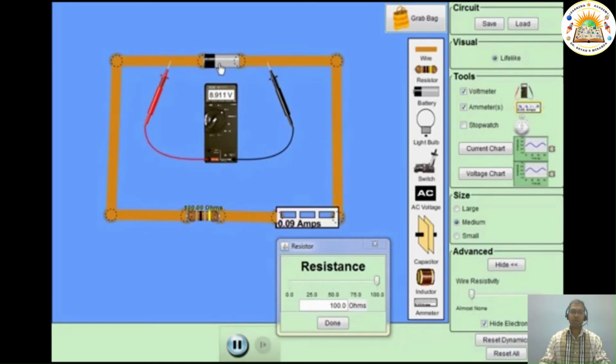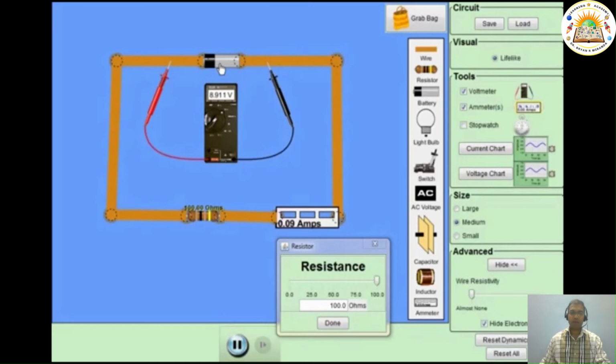Whatever current it draws, we can limit it, because we have an external resistance, the maximum that I can set for the simulation, which is 100 ohms. 100.00 ohms is the maximum external resistance set for this particular circuit.